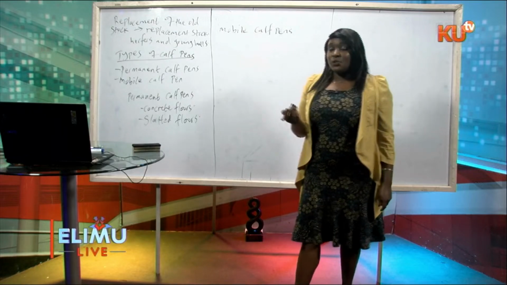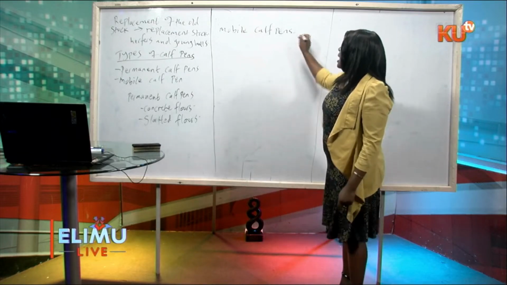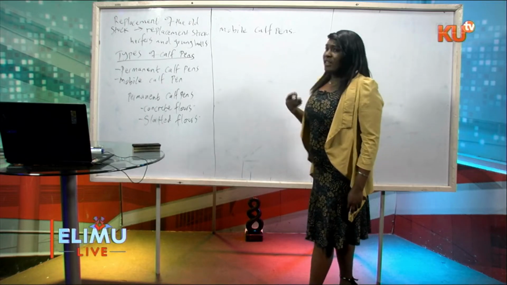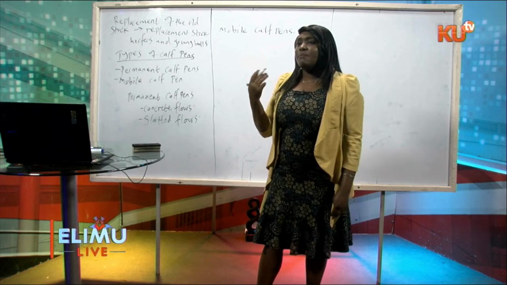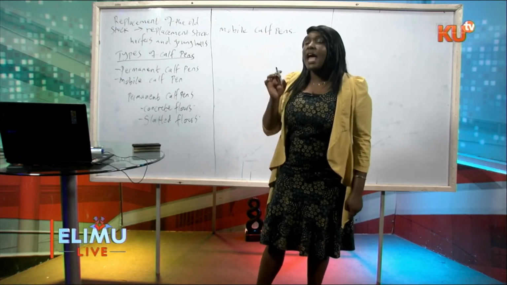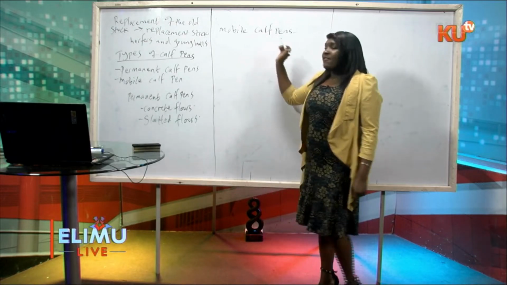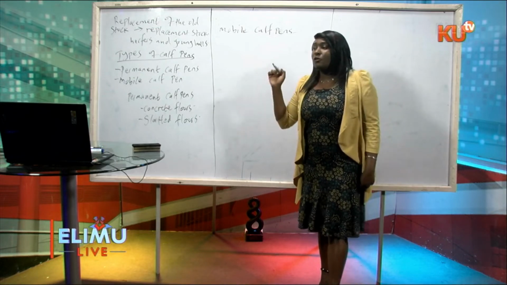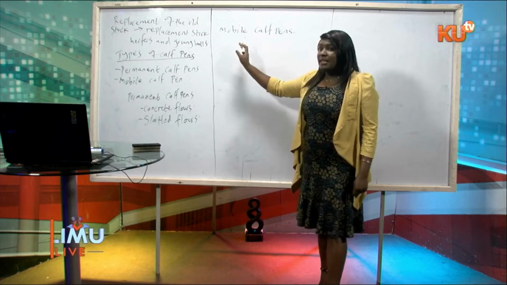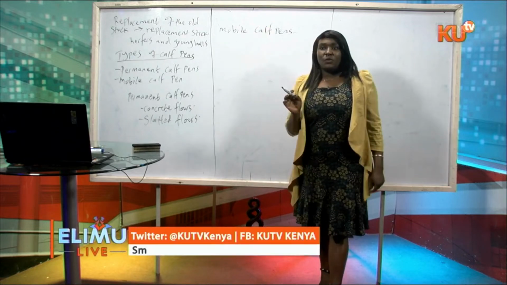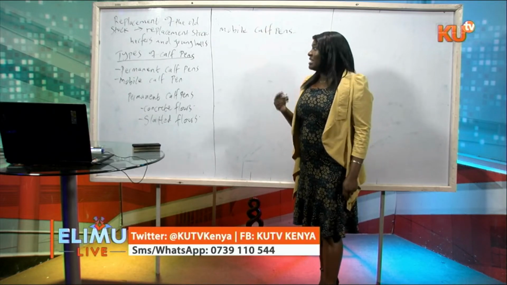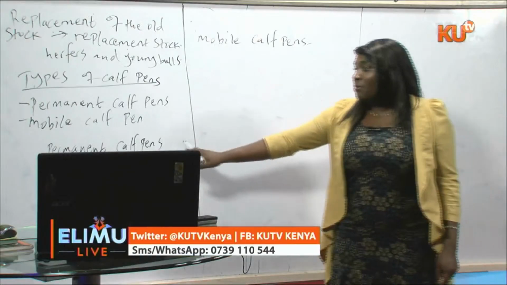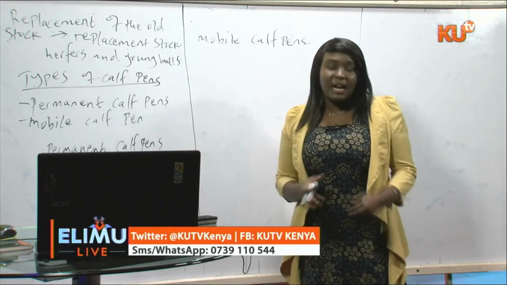Maybe a disadvantage we can point out on the mobile calf pens is that they are a bit laborious and tedious, because every other day the farmer must move, or rather the farmer must look for someone to move these calf pens, which is a bit laborious and tedious, and it consumes a lot of time compared to the permanent calf pens.